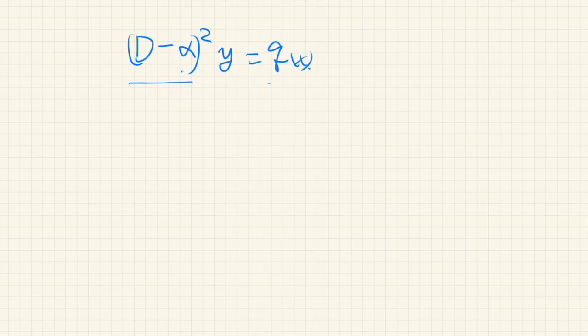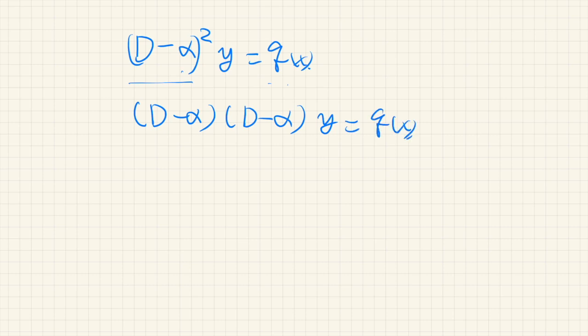But for the inhomogeneous case, there's nothing special. So we just solve this as if this is just an iteration of the same first order differential operator. So first this and then this.